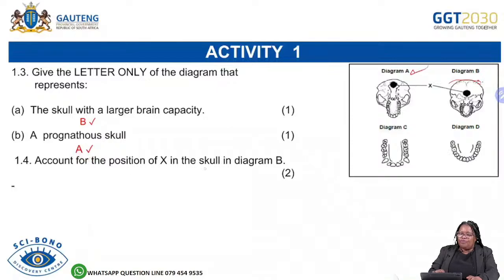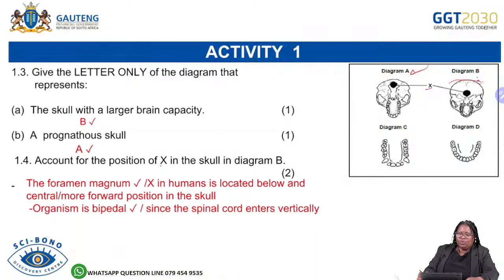Account for the position of X in the skull in diagram B. Look at the question, it's 2 marks. If you are accounting for the position of X, firstly, you need to know what is that X. You need to name that X for you to get full marks. Remember, we've said X is what? It's a foramen magnum. It helps in doing what?